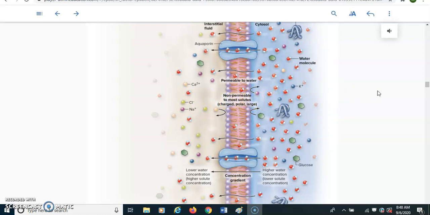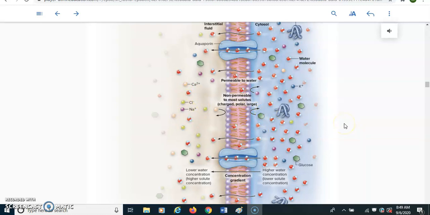Now, when we talked about diffusion, we talked about sodium and glucose moving across the plasma membrane. But just realize that the plasma membrane regulates the movement of glucose, sodium, and chloride across it. Generally, it doesn't let them move, and if it does want them to move, it allows their movement using a transport protein of some type.